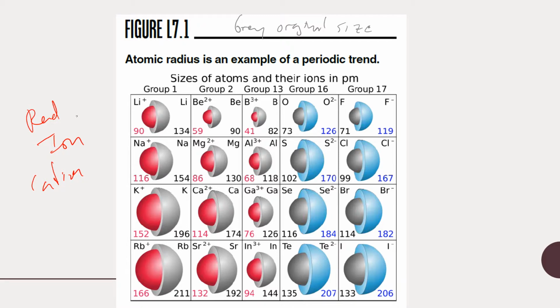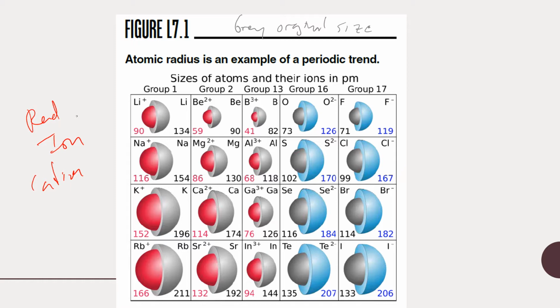So you see what happens. Because it's lost one electron, the size of the lithium ion is smaller than the neutral atom. And they keep getting smaller, so the red ones get smaller. Now, when we get over here, you have oxygen, which has gained 2 electrons.